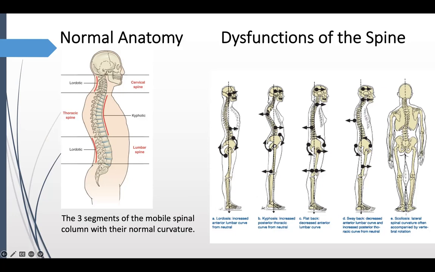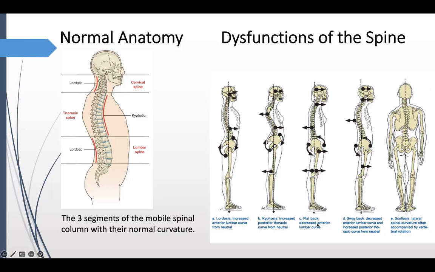You're going to have maybe traps and rhomboids which are really contracted, and the instantaneous axis of rotation is going to shift posteriorly. So oftentimes you'll see compromises to the scapulothoracic rhythm. You might see direct fractures to the vertebrae in the thoracic spine. The big thing we want to do is stretch those rhomboids and traps as much as we can, and then maybe strengthen those pecs, right?